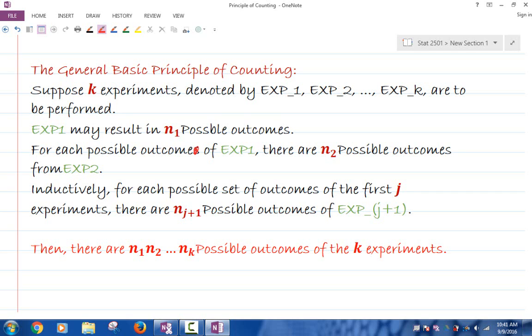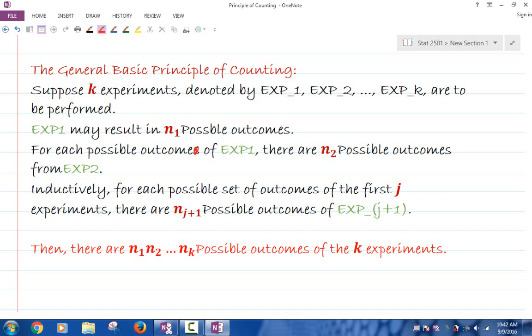And inductively, for each possible set of outcomes of the first j experiments, there are n(j+1) possible outcomes of the j plus first experiment. So then there are n1 times n2 times nk possible outcomes of the k experiments. Everybody understands this statement?